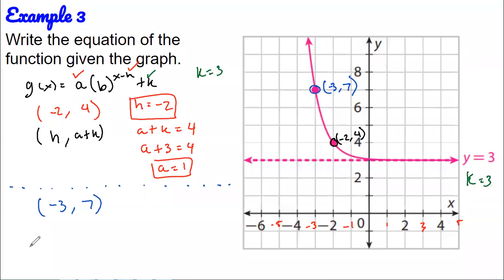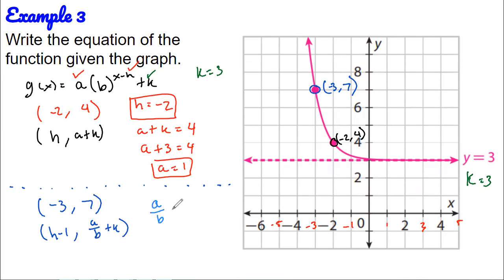What is the coordinate actually to find the parameters? H minus 1 and A over B plus beautiful K. Awesome. All right. So let's go ahead and find parameter B. Let me do this in a different color.